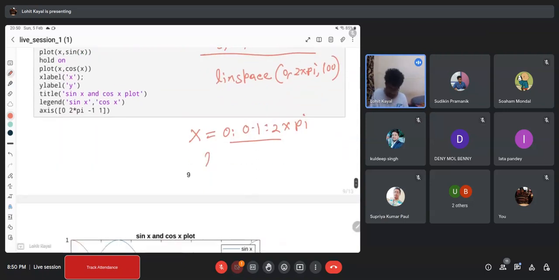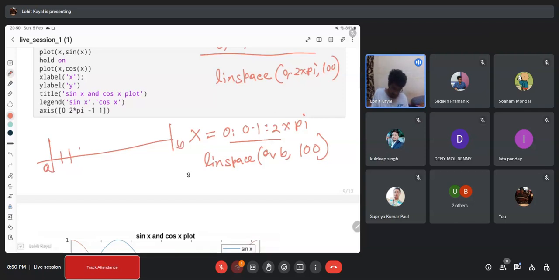Now if I write linspace a comma b comma 100 maybe, that means MATLAB will assume a normal one dimensional number line. This is A, this is B, and MATLAB will divide it into 100 equal spaces and take all these numbers. Suppose this is A plus 0.1, A plus 0.2, A plus 0.3, and so on, it will proceed like this. Is it clear now?